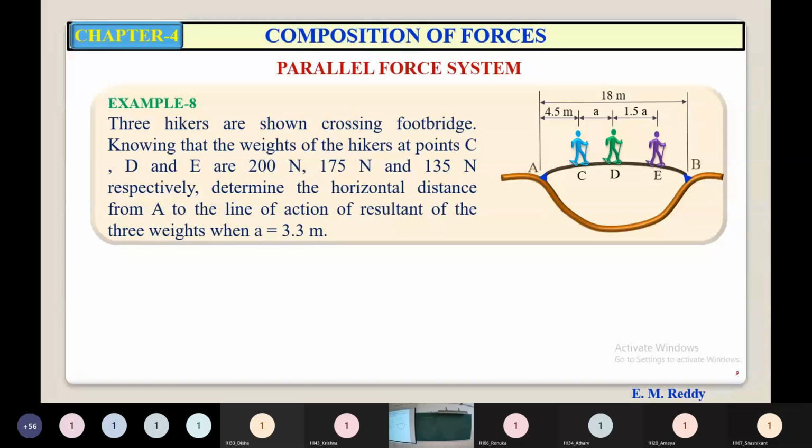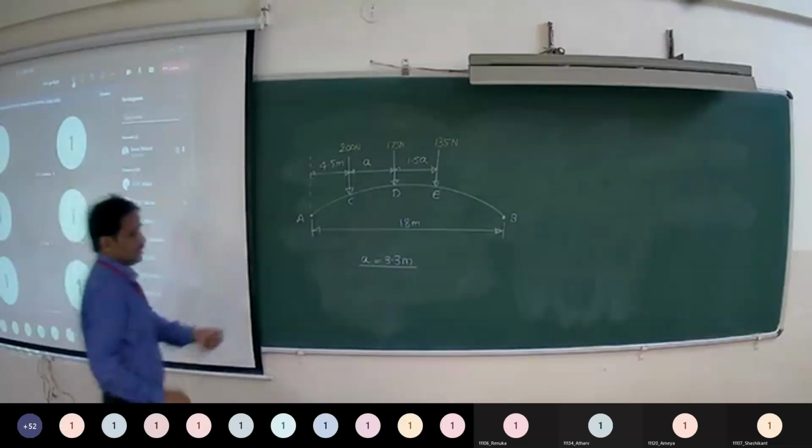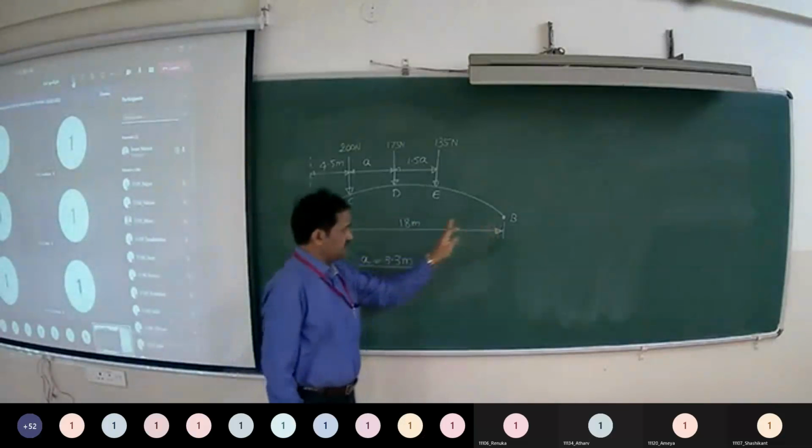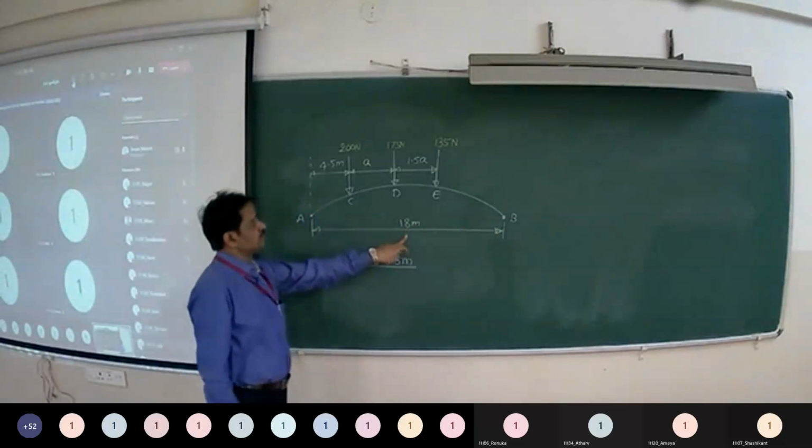Knowing that the weights of the hikers at points C, D and E are 200 Newton, 175 Newton and 135 Newton respectively, determine the horizontal distance from point A to the line of action of the resultant of the 3 weights when a is equal to 3.3 meters. The length of the footbridge is given as 18 meters.